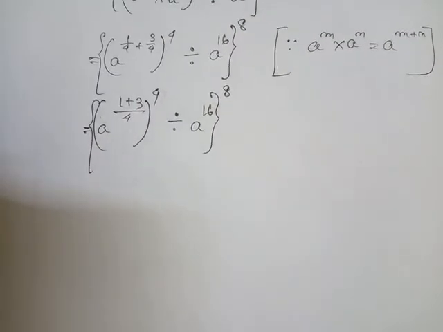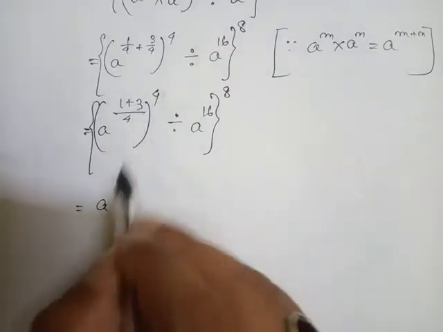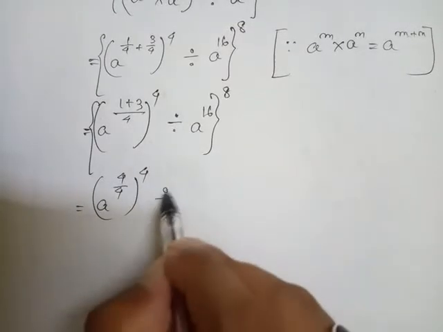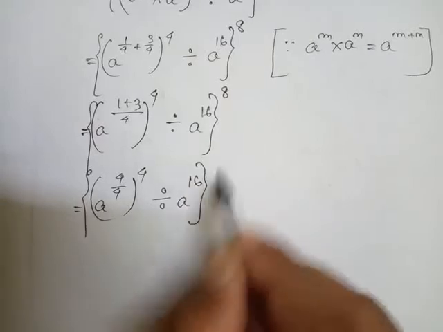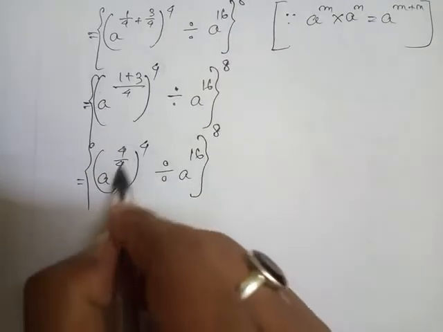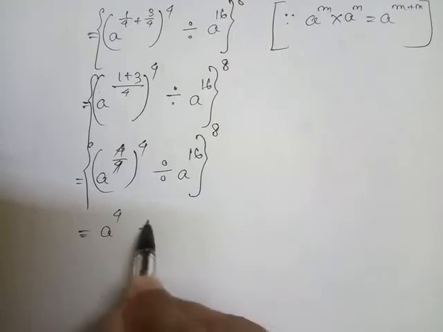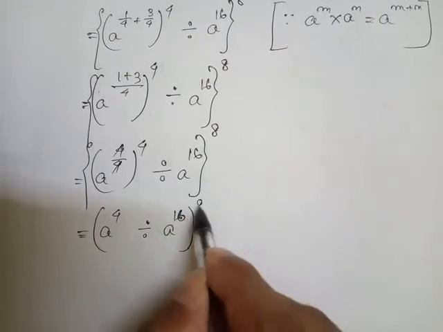Just after that, here a to the power 3 plus 1, 4 by 4, whole to the power 4 division a to the power 16, and second bracket whole to the power 8. Now look, after that, 4 and 4 cancel, so the remaining part would be a to the power 4 division a to the power 16, and whole to the power 8.